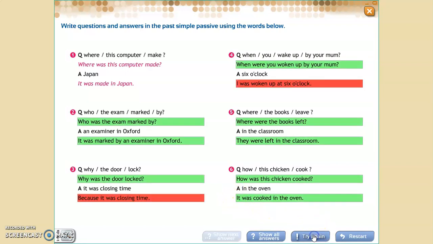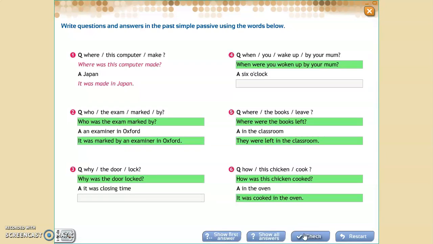Okay, so let's check. Okay. All right. So if we click try again, we can try at 6 o'clock. And in the number 5 and the number 3, we can say it was closing time.